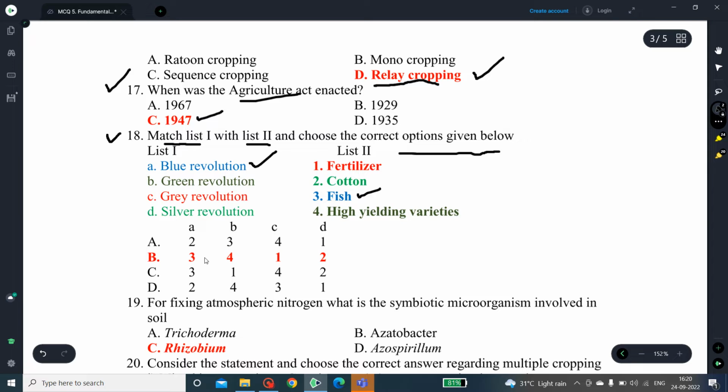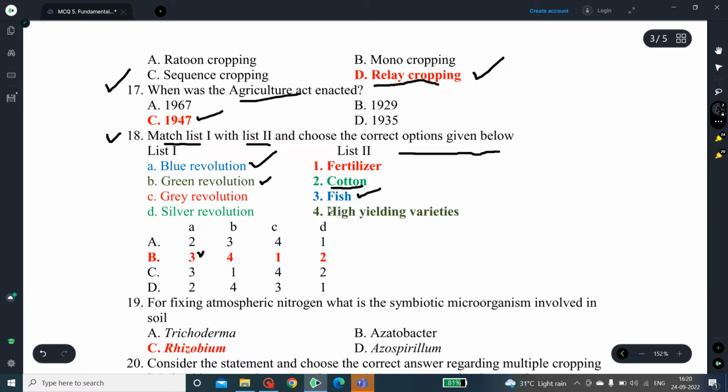That is the option 3 for the A. And Green Revolution is nothing but related to cotton. Cotton production, not only cotton but also other grain crops. That is the Green Revolution.